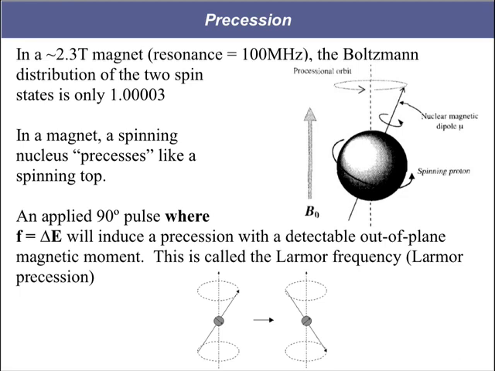So we are going to do that. We're going to apply a magnetic field, and then we're going to apply a force at a specific frequency. And that's going to be a 90-degree pulse of electromagnetic radiation at a certain frequency that's going to cause these nuclei to precess like that. And we can watch that wobble and determine from that what the environment is.